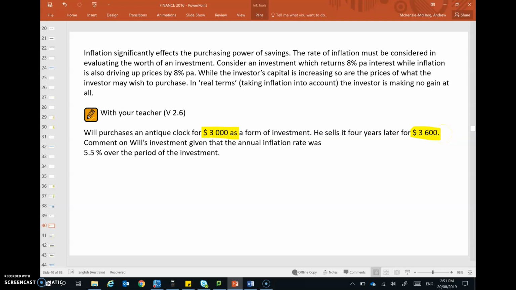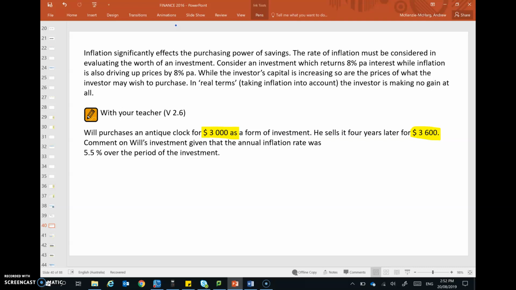So that might seem good on the surface of things, but is it a good investment given that the purchasing power of money reduces? So that $3,000 for Will, if he was just to leave it lying around, it would really lose value.